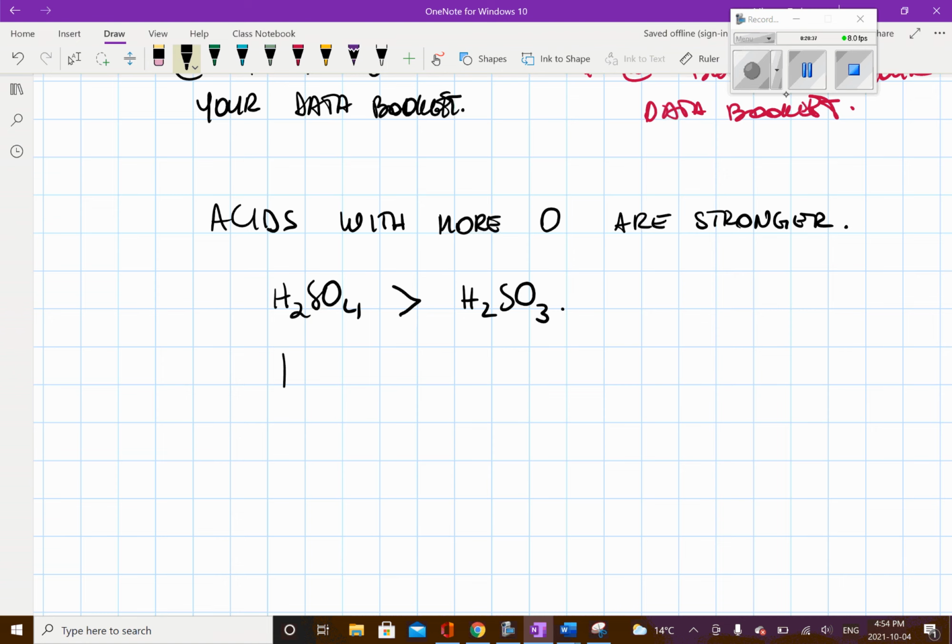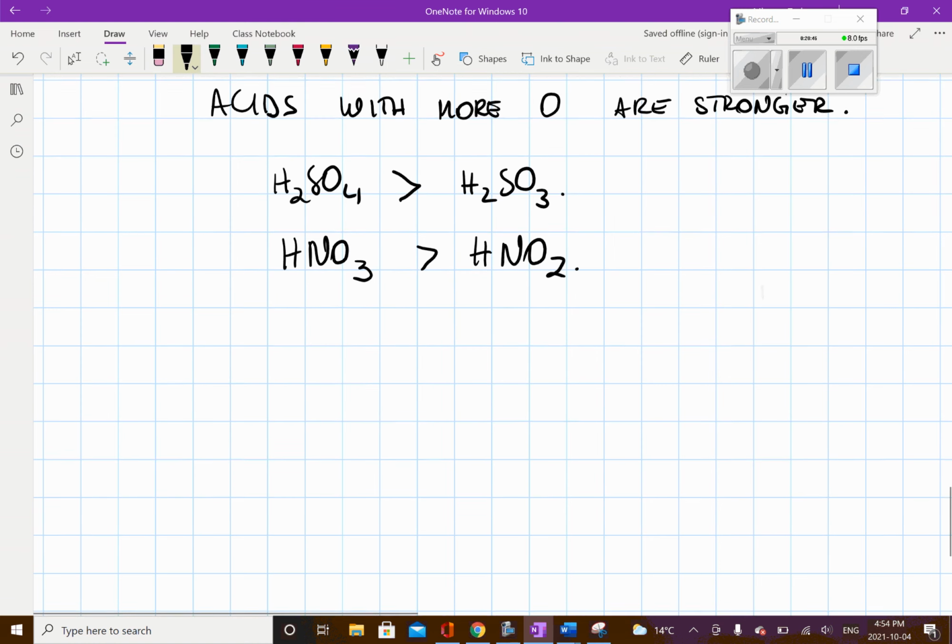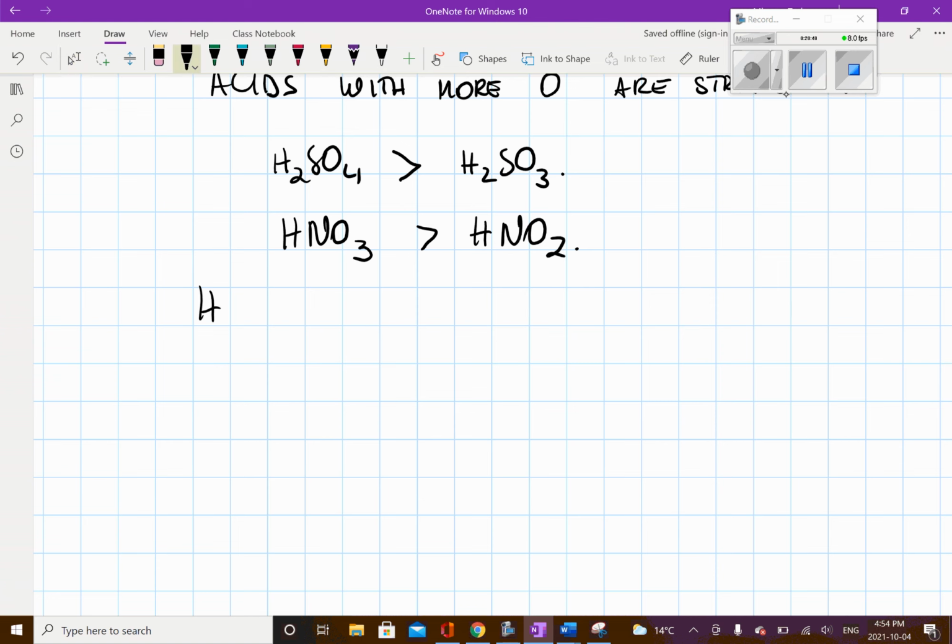Or HNO3 is stronger than HNO2. Or HClO4, which is one of the strongest acids, at the top, is stronger than HClO3, stronger than HClO2, stronger than HClO.